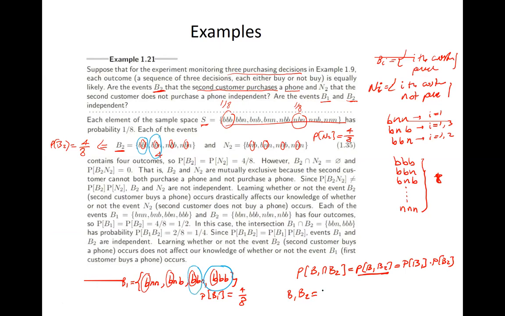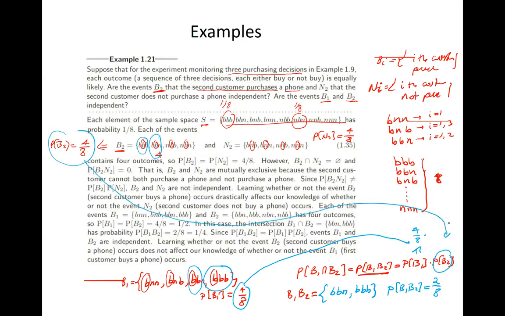So this should be BBN and BBB. So probability of B1, B2 should be 2 over 8. How about probability of B1? We have already calculated that, right? This one, 4 over 8, times probability of B2, here it is, which is 4 over 8.